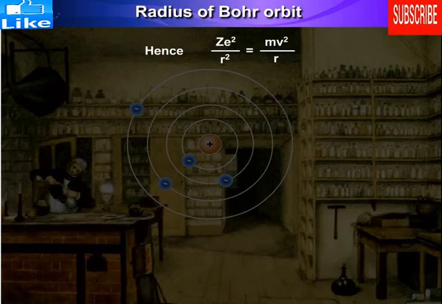Hence, Ze square upon r square equals mv square upon r. Hence, r equals Ze square upon mv square.